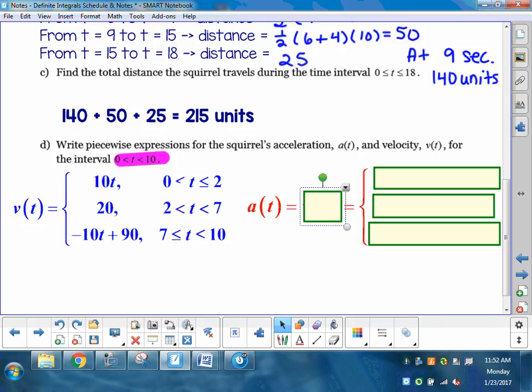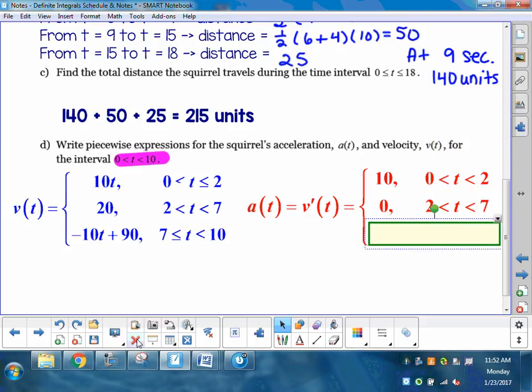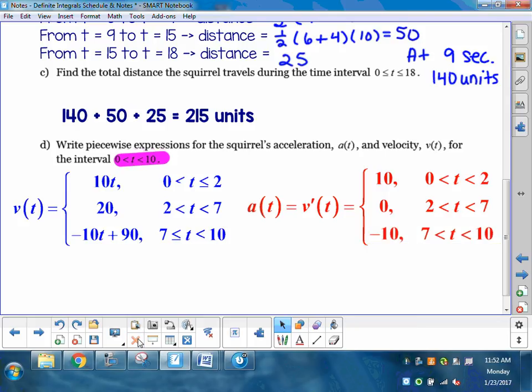So I go through and say, that's the first piece, what is the acceleration function then going to look like? Good. Notice I'm not including those values.